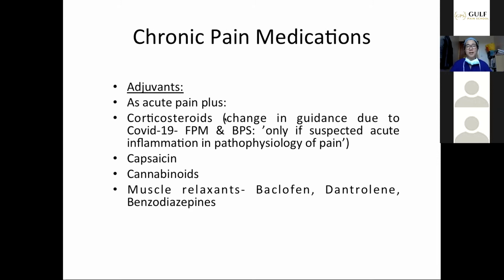Then chronic pain medications, so all of the above, plus you could do steroids, but obviously there's some change in guidance because of COVID, so it's advised that you give it only if there is suspected acute inflammation in chronic pain. There are other medications such as capsaicin, cannabinoids, or muscle relaxants.